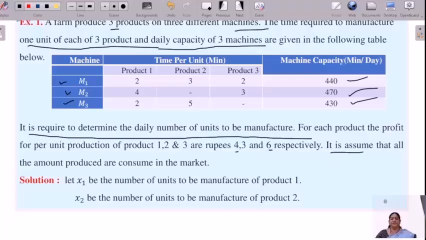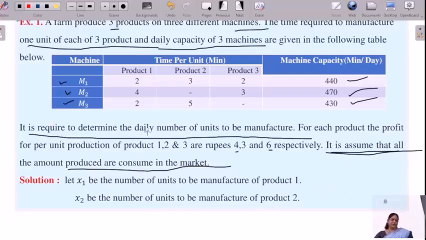It is assumed that all the amount produced is consumed in the market. It is also necessary, because if what you produce is not consumed in the market, we will not get the profit. Therefore it is assumed that all the amount produced is consumed in the market.